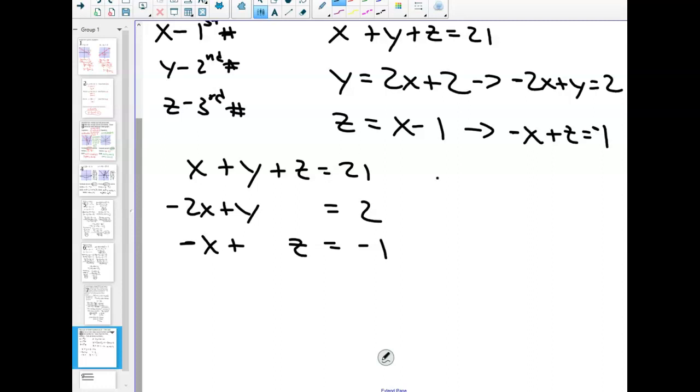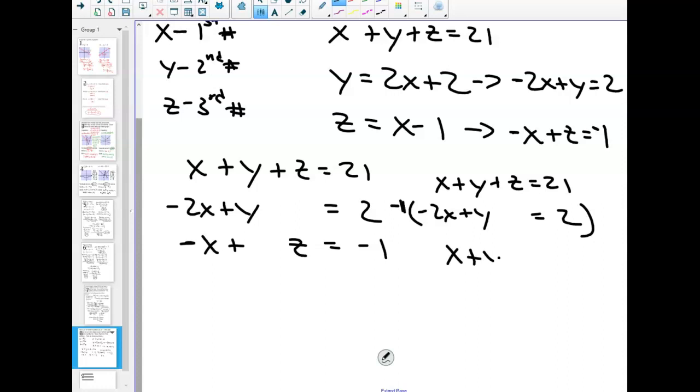I would do this. X plus y plus z equals 21. Negative 2x plus y equals 2. I'm going to multiply this bottom equation by a negative 1. And it gives me 2x minus y equals negative 2.